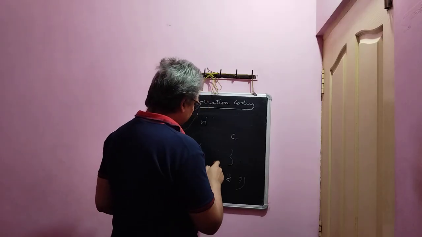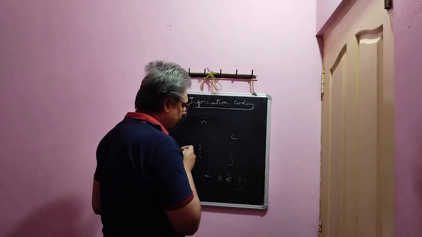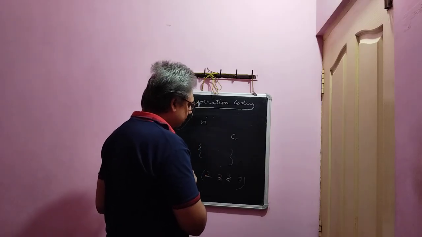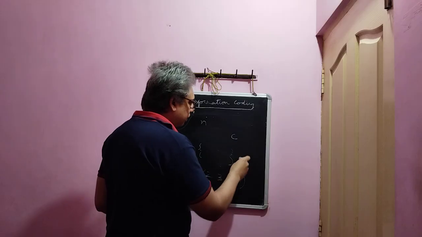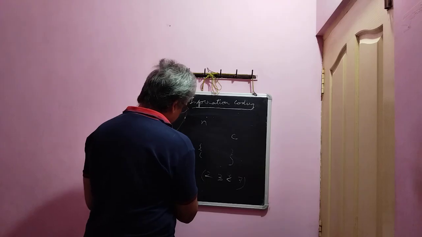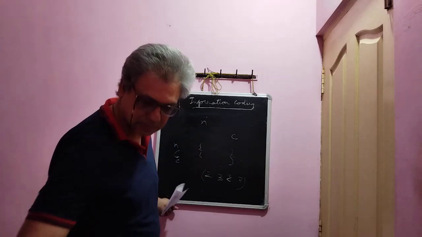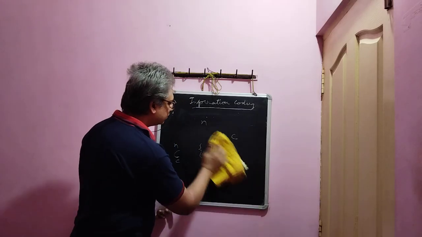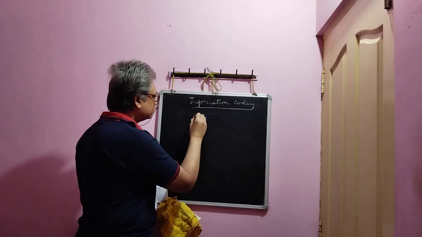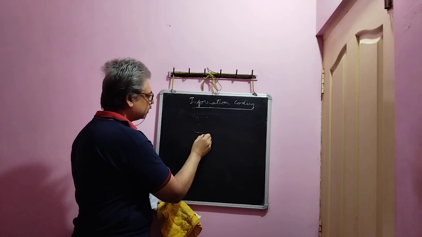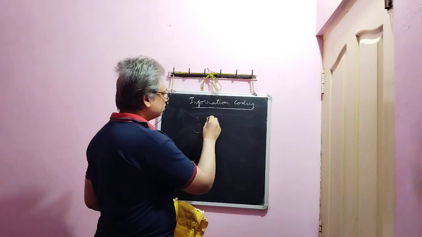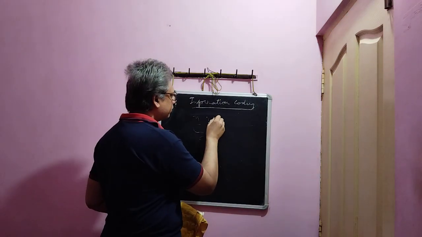Having selected c elements out of n, which is nothing but nCc, these can be arranged in so many different ways, factorial c ways.